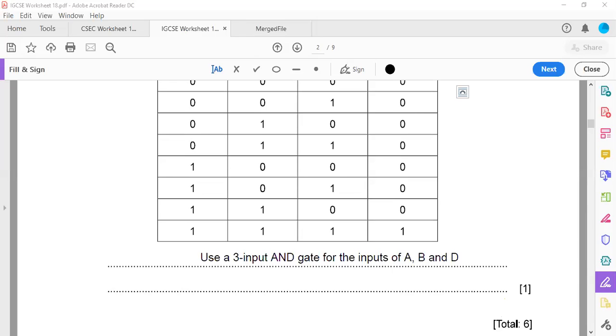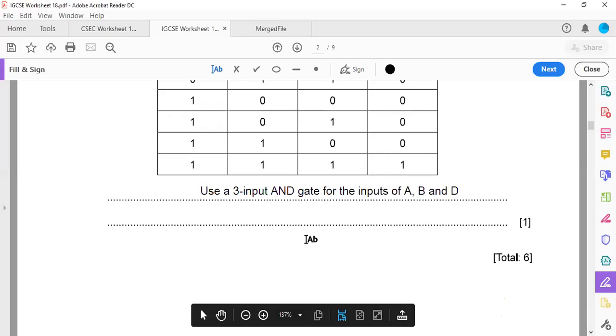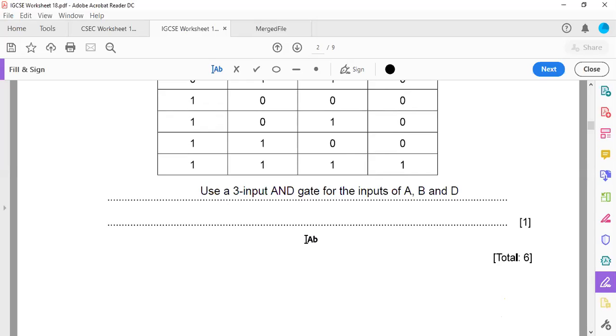Okay. Well, you could search for a three input AND gate. I'm going to send you one on the group chat for you to see.